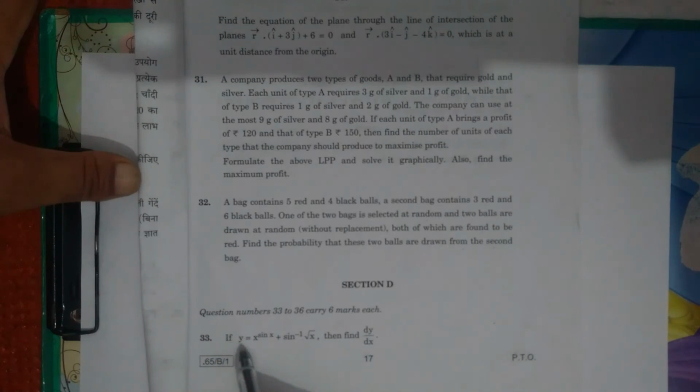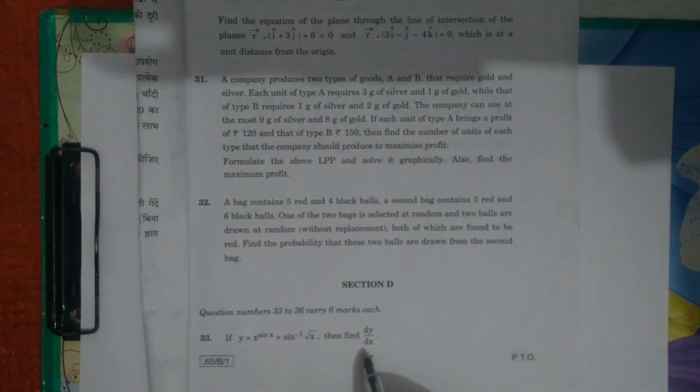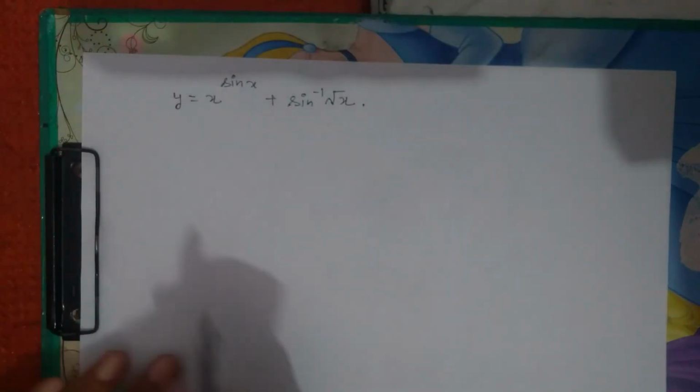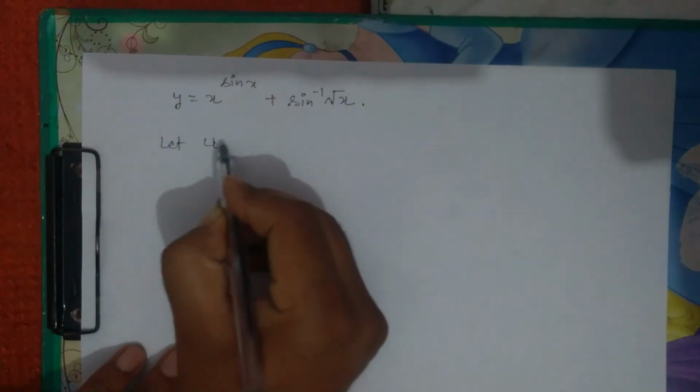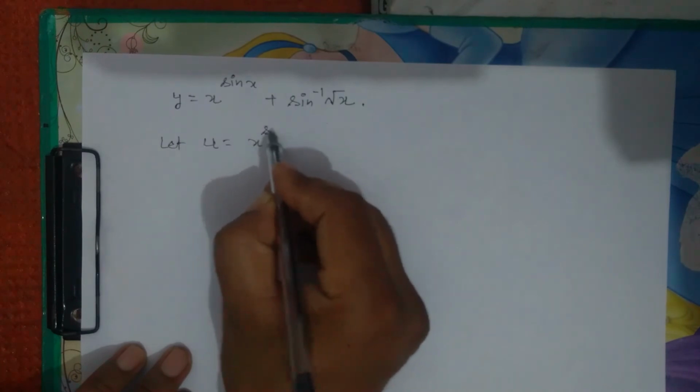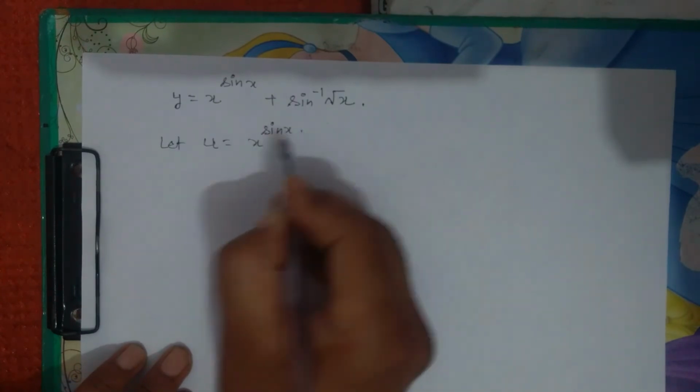Question number 33, section D. If y is equal to x raised to power sin x plus sin inverse square root of x, then find dy upon dx. For the first term, let u be equal to x raised to power sin of x.